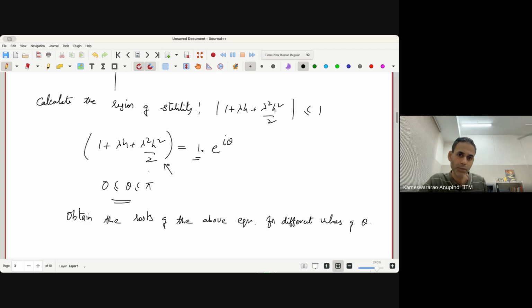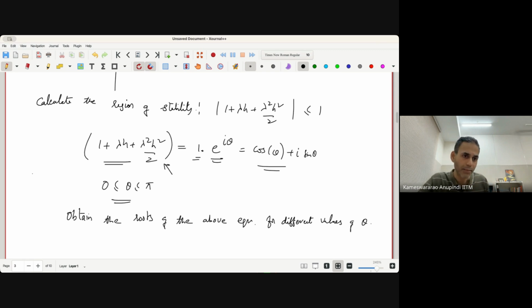Once I know the theta value, the right hand side is going to be cosine theta plus I sine theta. Then I can solve for the roots of this equation with this right hand side. That is going to give me the value of lambda h, which will lie on that curve, whatever the curve is.